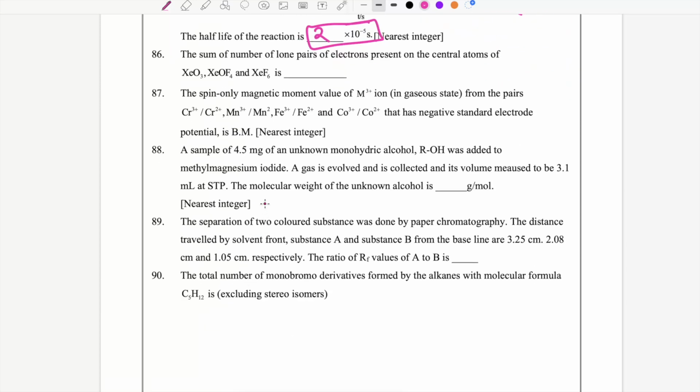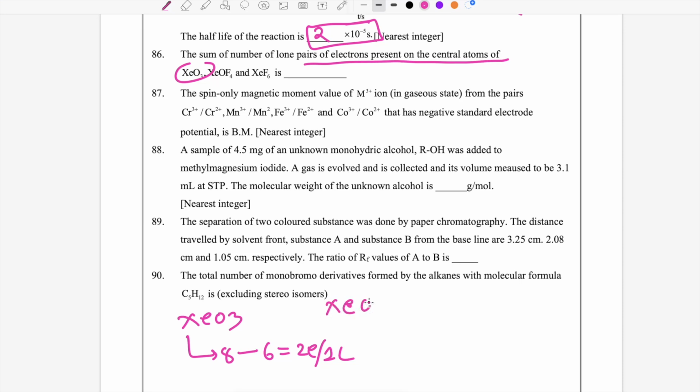Right, the next question is the sum of lone pairs present in the central atoms. How many will XeO3 have? I'll do it here. In XeO3, xenon has 8 electrons, 6 electrons are used up, and 2 electrons are left over, which is one lone pair. We'll also see XeOF4. Xenon has 8 electrons, it has used 4 and 2, so 6 electrons are used up.